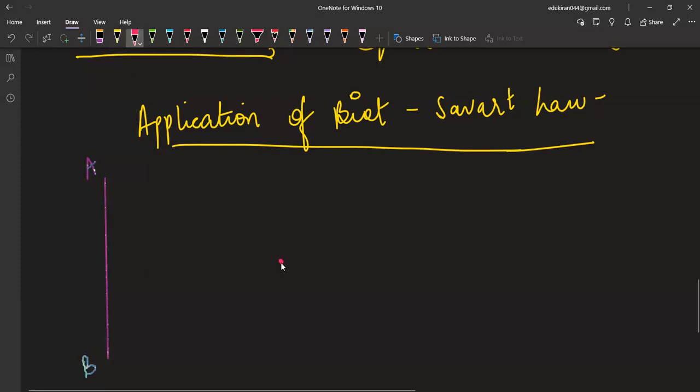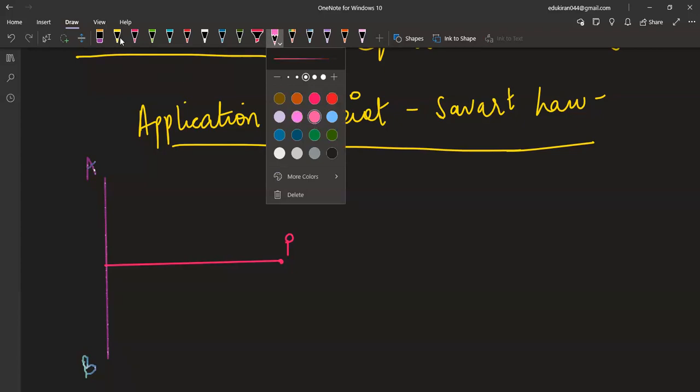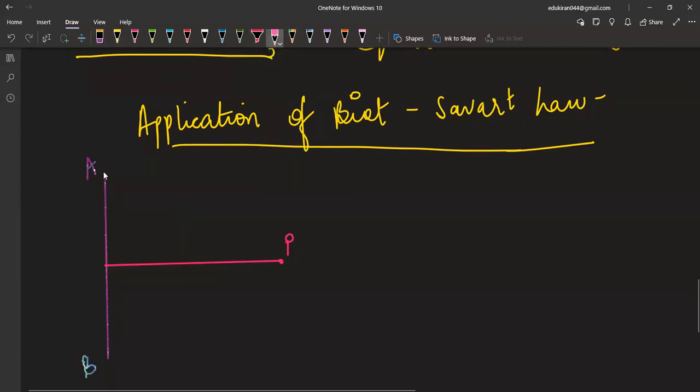And I have given you a point P over here to calculate. This is fixed. This is finite. So see, this must be subtending a certain angle. If we look at it from this end, this must be subtending some angle to this point. From this part also, it must be subtending some angle.